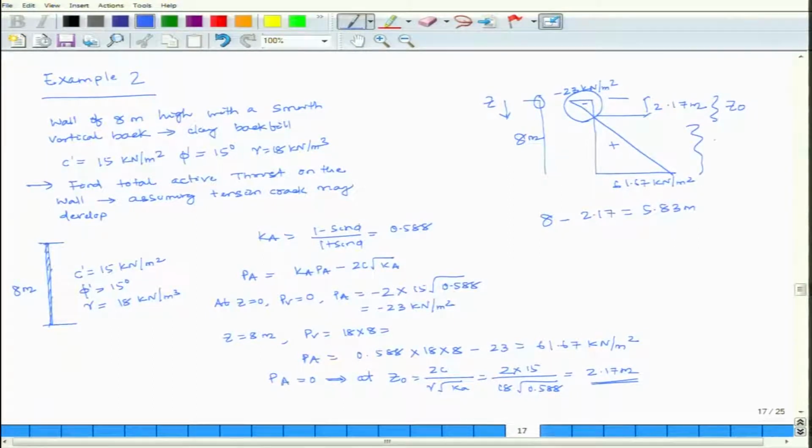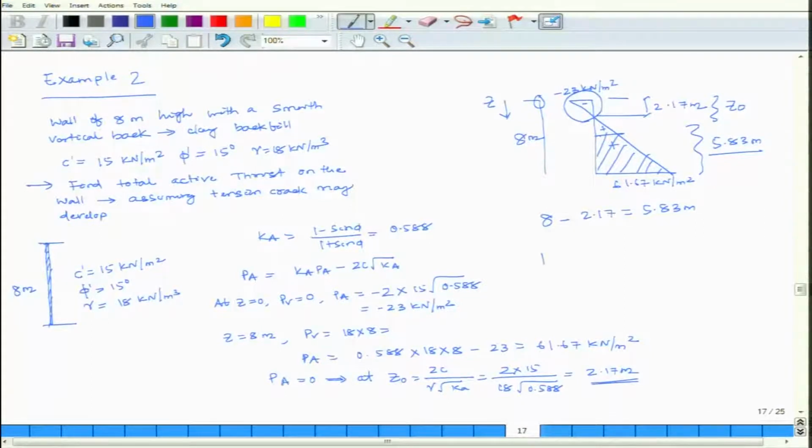This distance is your 5.83 meter, because this negative part I have taken out. Either you can take out the negative and only consider the positive part for economical design, or the entire part can be taken. Here I have taken out only the negative part.